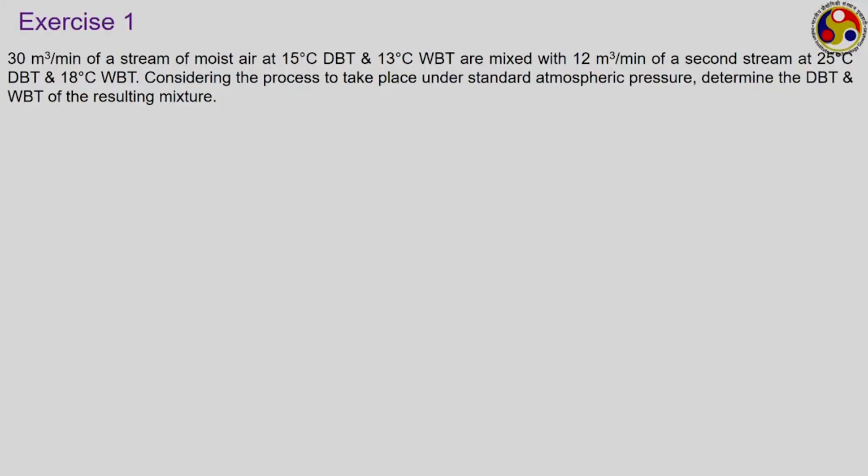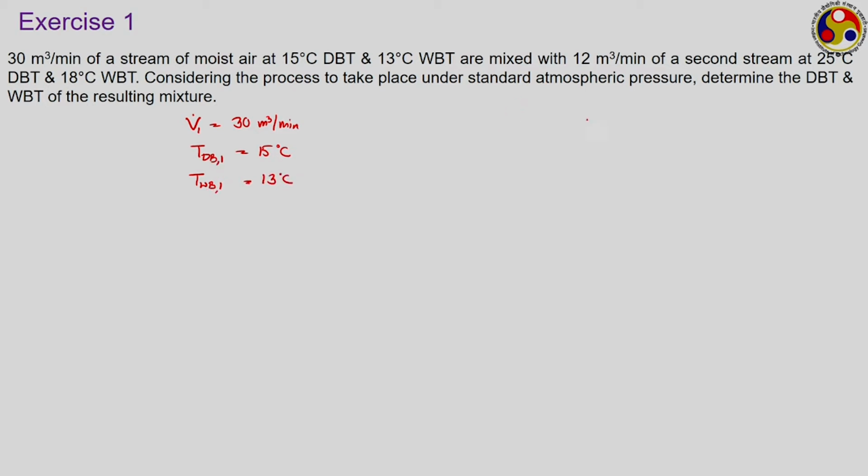Here there are 2 streams. So, for stream 1, the volume flow rate is given as 30 meter cube per minute. T dry bulb 1 is equal to 15 degree Celsius, T wet bulb 1 is equal to 13 degree Celsius.